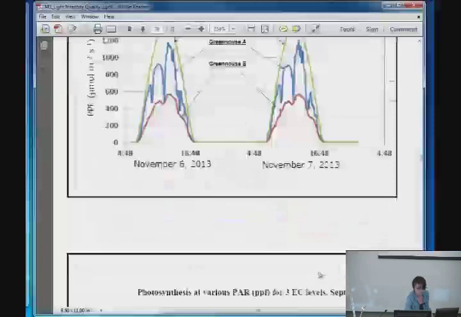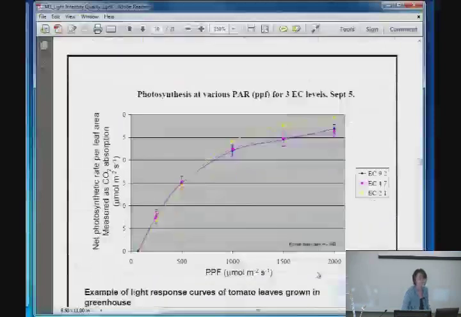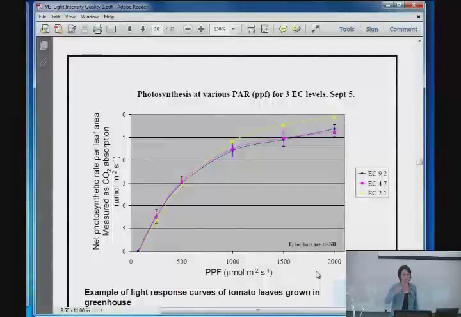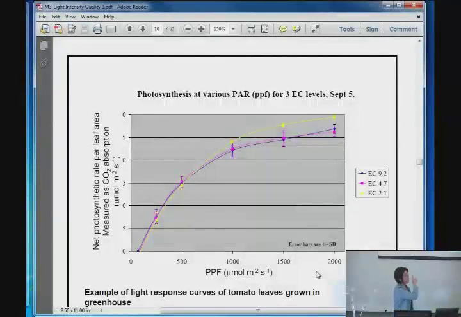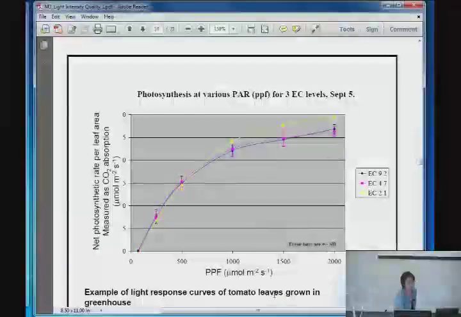And then here is the photosynthetic response curve. You have probably seen this leaf photosynthetic response curve in one of the plant science or biology lectures, intro to plants and photosynthesis. It's a saturation curve. So the x-axis in here is the PPF, micromoles per square meter per second.